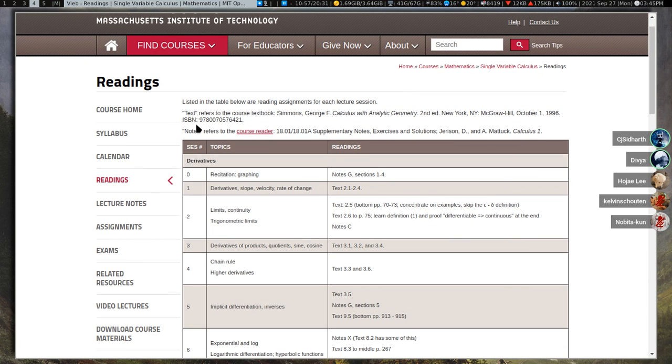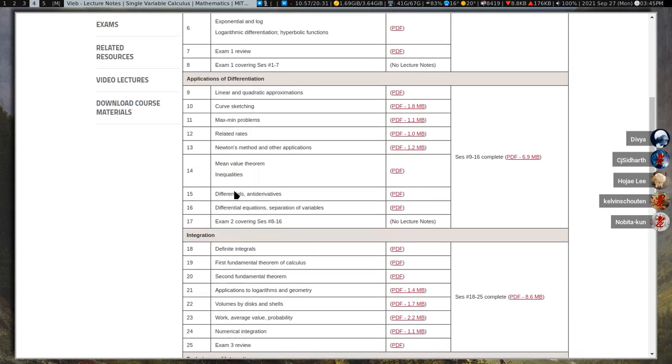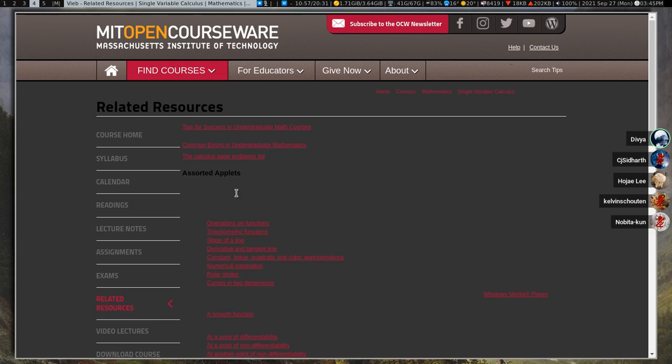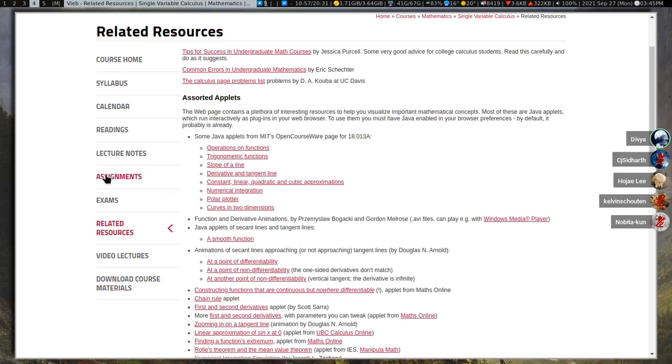They should have some other book as a reference, but they probably don't. But also, wait, I don't think 1801 has that, but 1802 had what is called supplementary lecture notes, which are very nice.